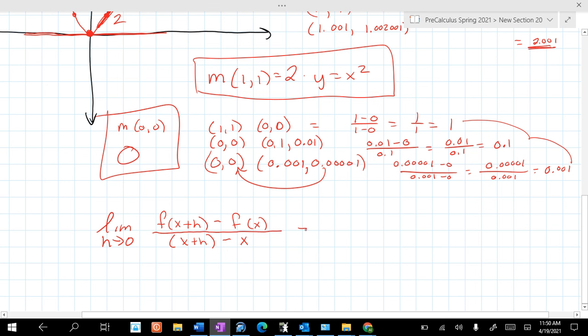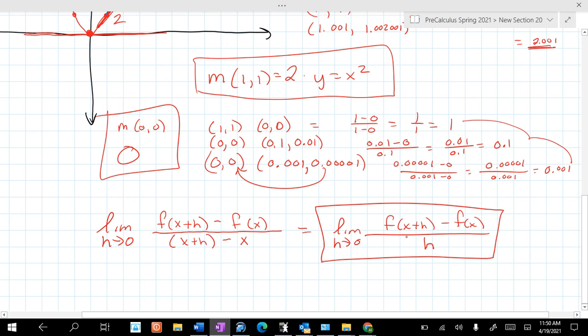Now I can simplify that function a little bit to be f of x plus h minus f of x all over, what's x minus x? 0. So it's h.